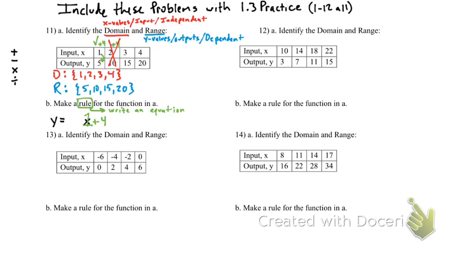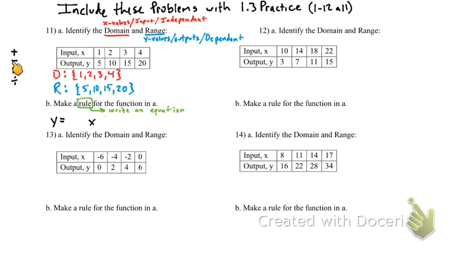So that tells me the rule I created is a bad rule. It's not going to work. So I have to think of another rule. All right? So let's erase this because the rule I thought of did not work. So we tried addition. Addition didn't work.